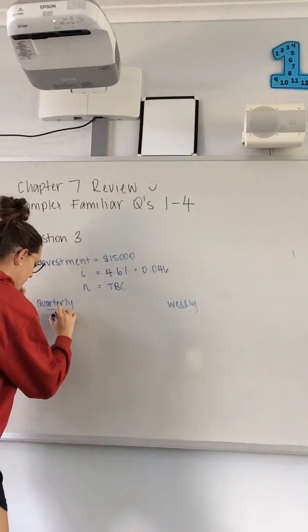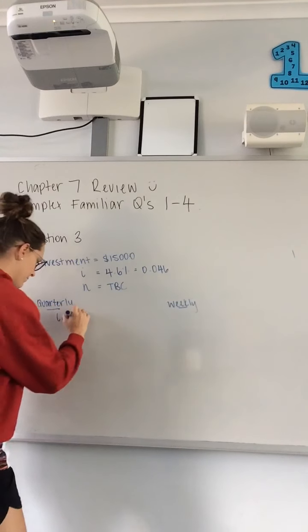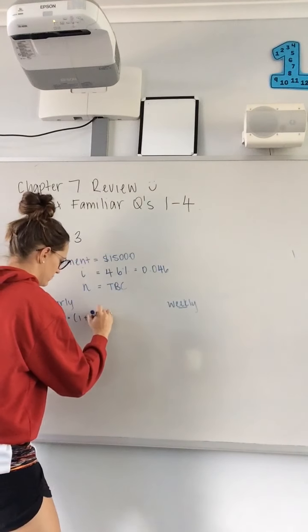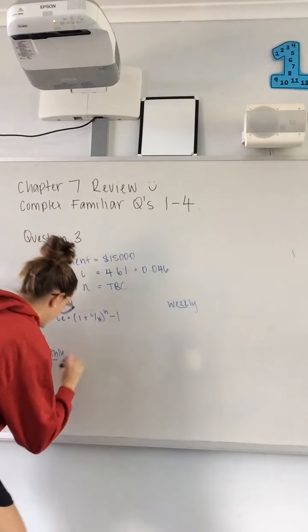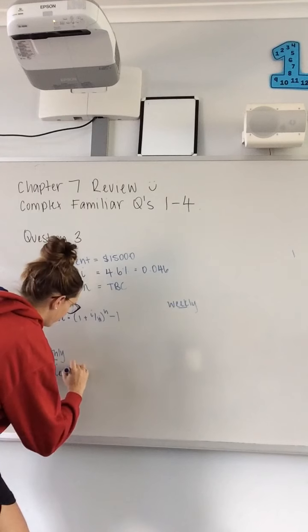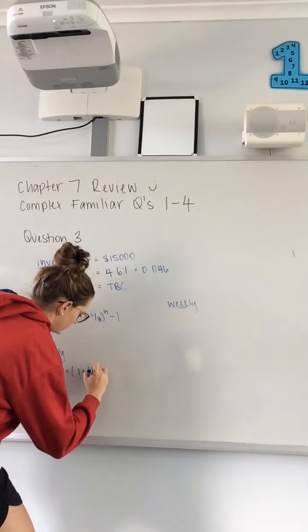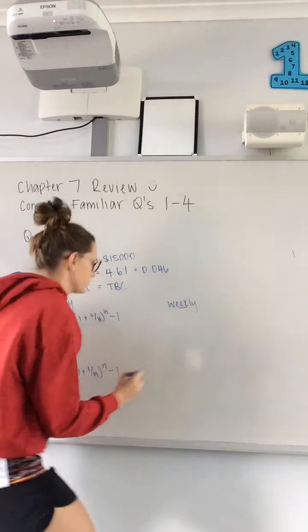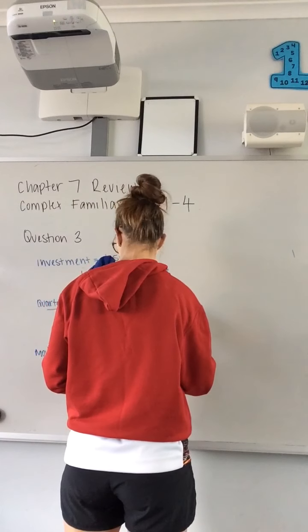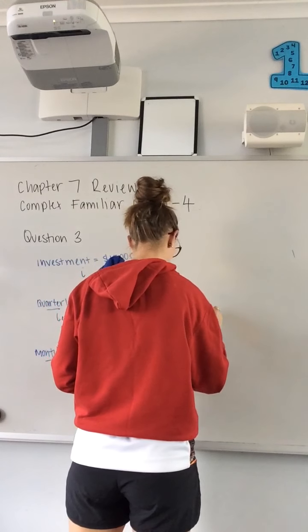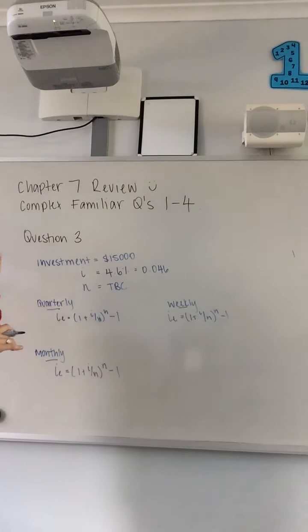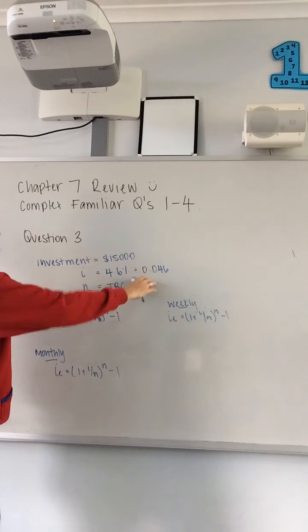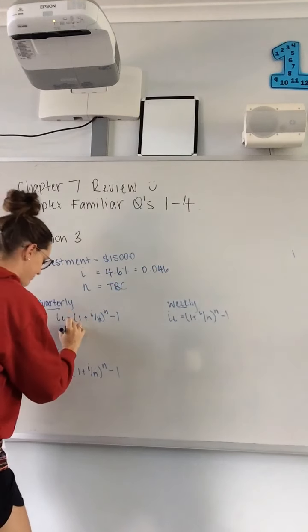We're using effective rate, so let's write our effective rate formula. Okay, so I've written that down. Now I want to substitute in my information. The rate will remain the same, but the N value will change.